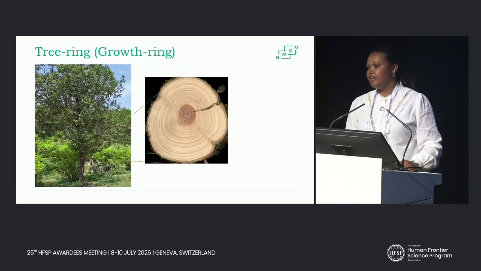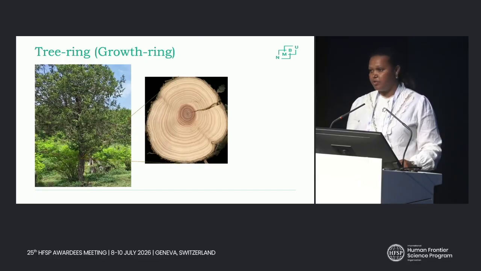So most trees produce one growth ring per year. The rings that you see on the screen from the disc, which is taken from a tree, one of our samples, each represent one year.